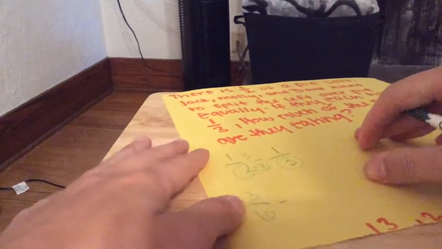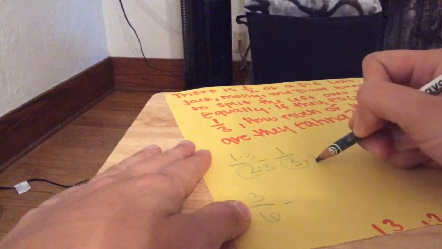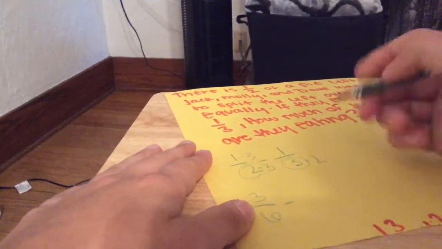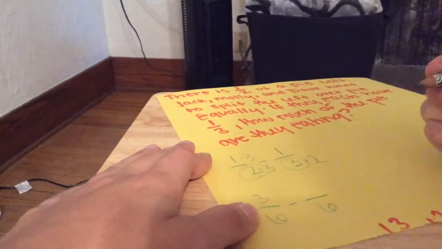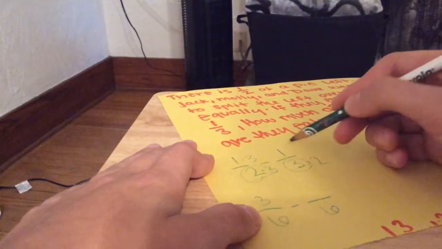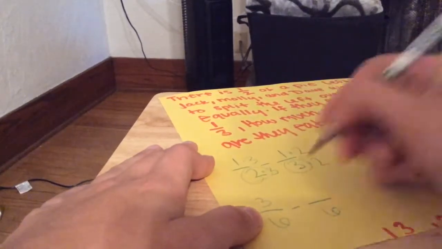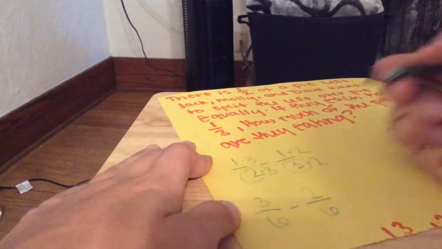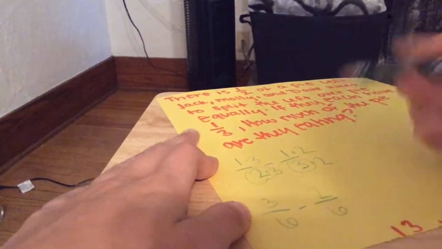Subtract. And then 3 times 2 equals 6. Now we have common denominators. Now what we have to do to the bottom, remember we have to do to the top. So 1 times 2 equals 2. So now we're able to subtract the fractions.